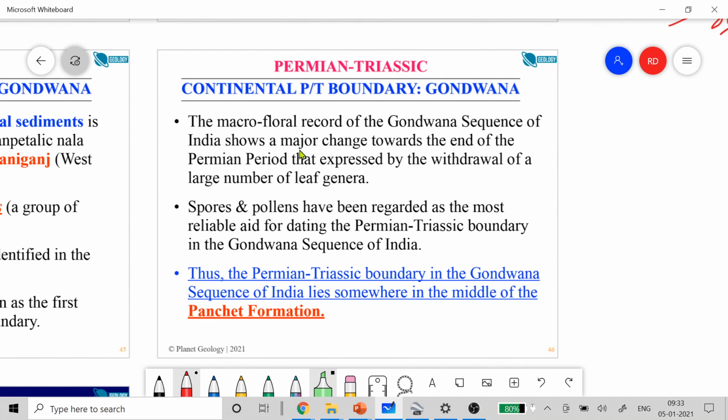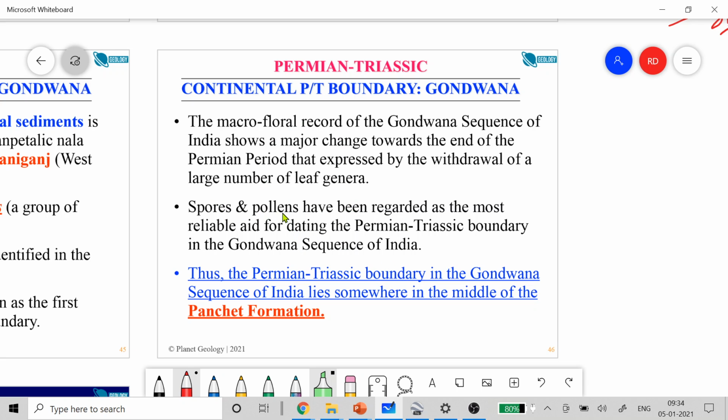The macrofloral record of Gondwana sequence of India shows a major change towards the end of the Permian period, that is expressed by withdrawal of a large number of leaf genera. So you see many different kinds of fossils from the Gondwana group underneath, which change as you move beyond the Permian rocks.